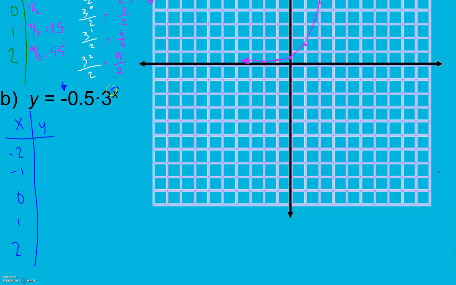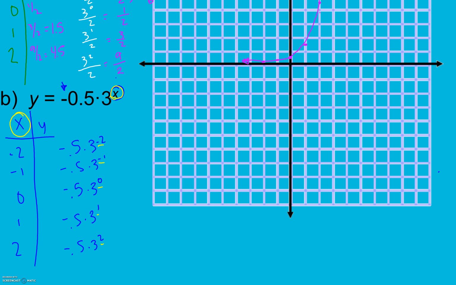So I'm going to have -0.5 times 3 to the negative second power, -0.5 times 3 to the negative first power, -0.5 times 3 to the 0 power, -0.5 times 3 to the first power, and -0.5 times 3 to the second power. Again, the only thing I did there was substitute in my x values.